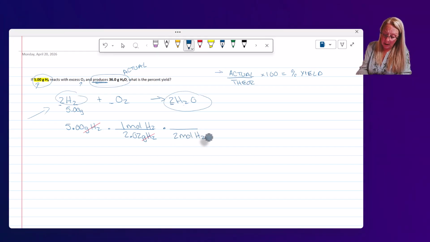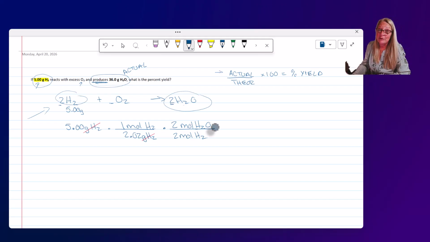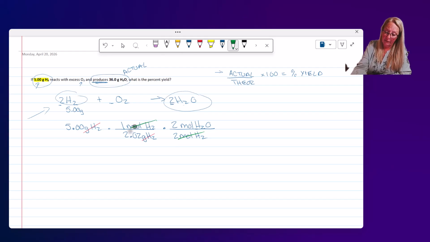And then on the top, the thing I want to get into is that 2 moles of water. Now you'll notice this time I didn't reduce it because 2 divided by 2 is 1. I know that. And I did that in class without making it clear as to why my 2 suddenly became 1, and that's why. So let's see. Now I can check what cancels out. Let's do a different color. I have mole hydrogen, perfect.